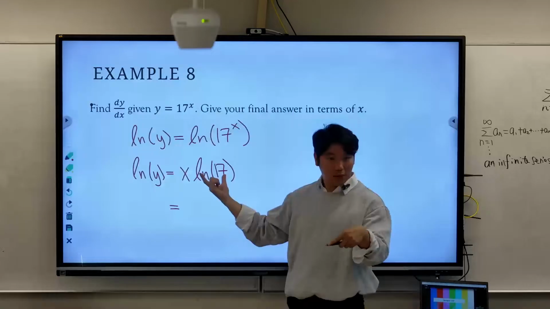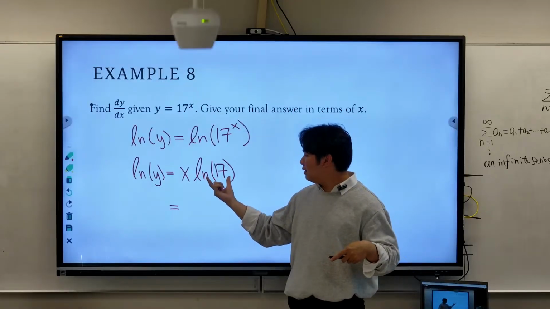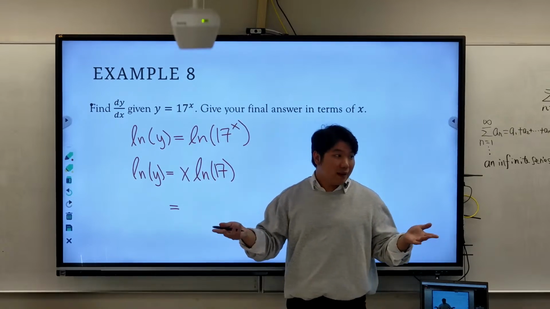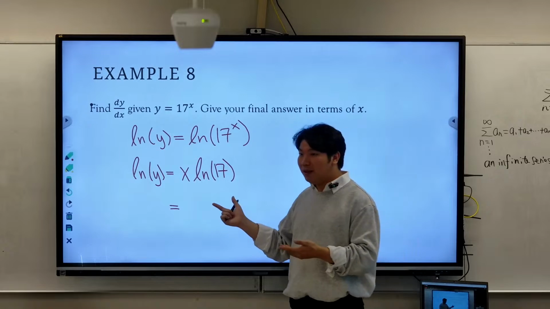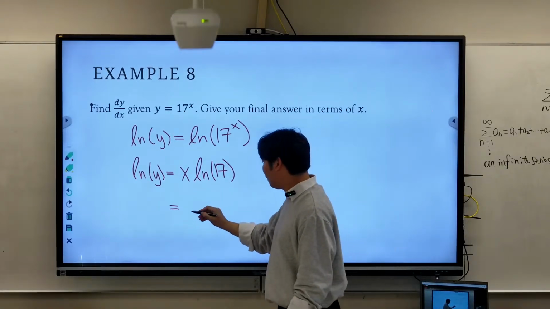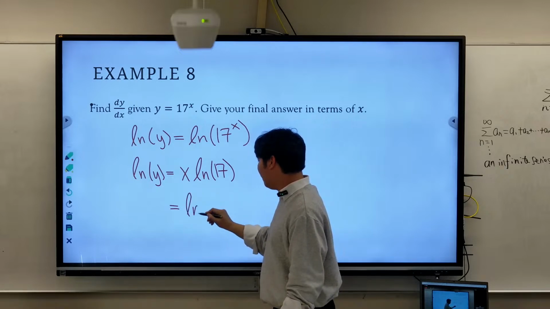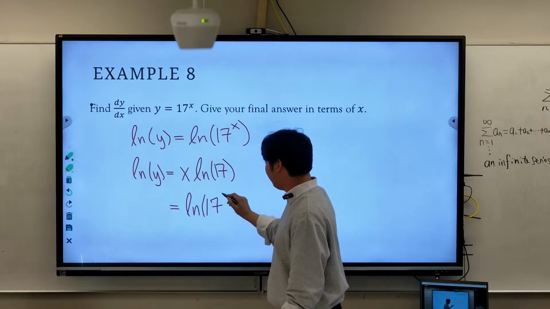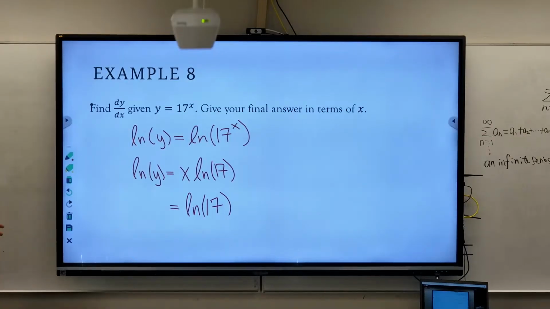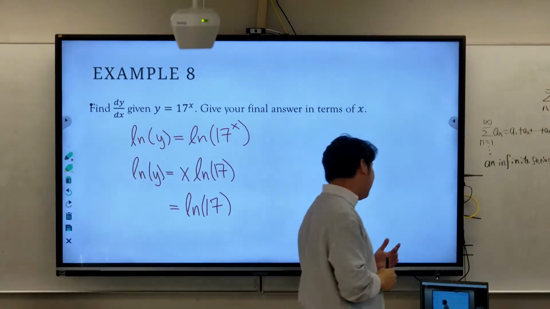Technically, yes, it's that number, because if I told you the derivative of 3x, you would tell me 3, right? Same thing here, except this one's not a pretty number like 3, 4, or some fraction. So on the right, my derivative is just the natural log of 17. Here, we still have a number times x, so by a quick power rule, we have on the right the natural log of 17.